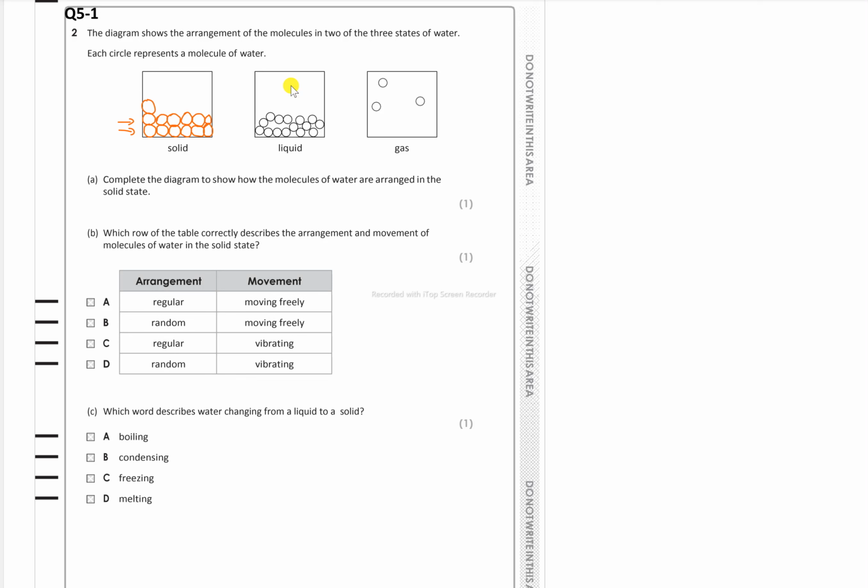Which row describes an arrangement of particles in a solid? The regular and vibrating. Which word describes water changing from liquid to solid? That will be simply freezing. And remember what we said, if you go straight from solid to gas, it's called sublimation.